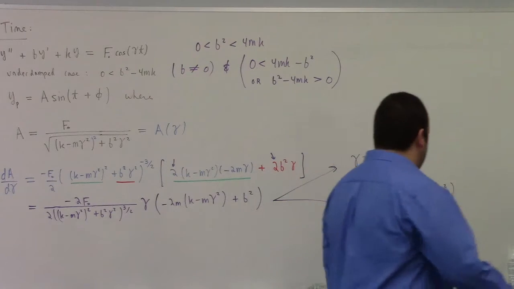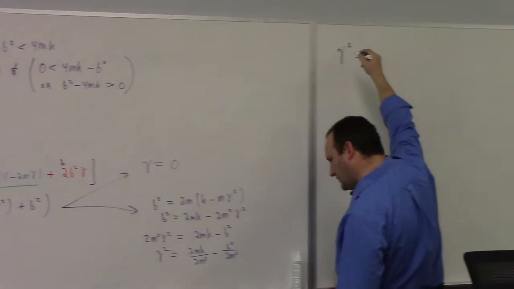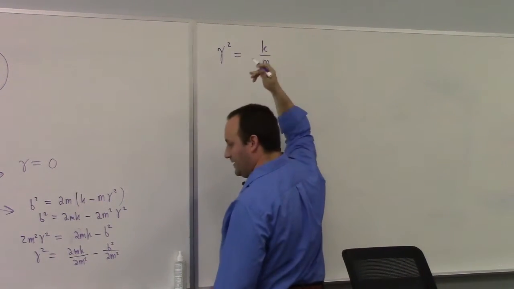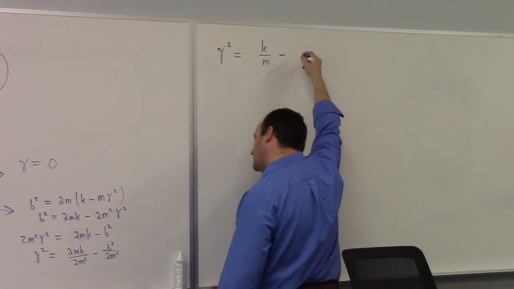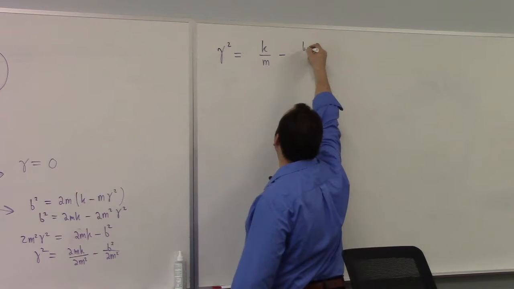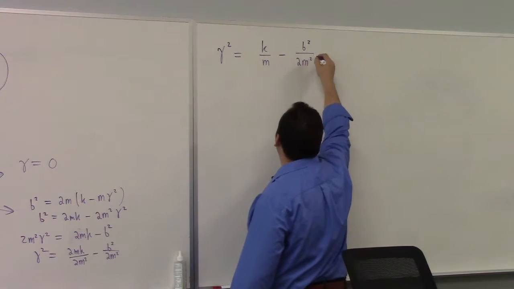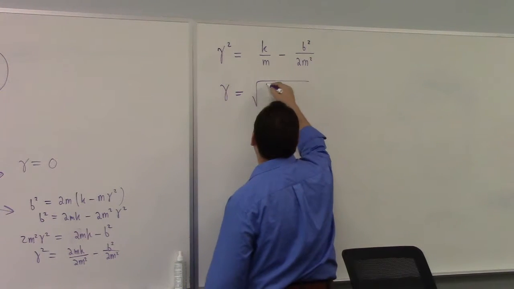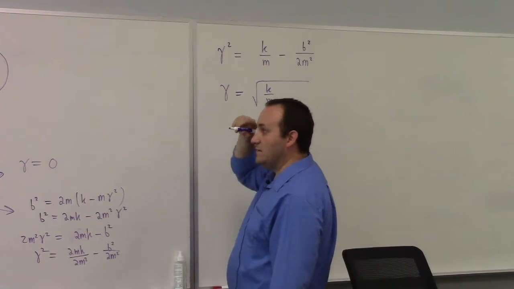We'll come back up here. So gamma squared is equal to, looks like, k over m minus b squared over 2m squared. So gamma is equal to the square root of that, because we're thinking of gamma as a frequency, right?